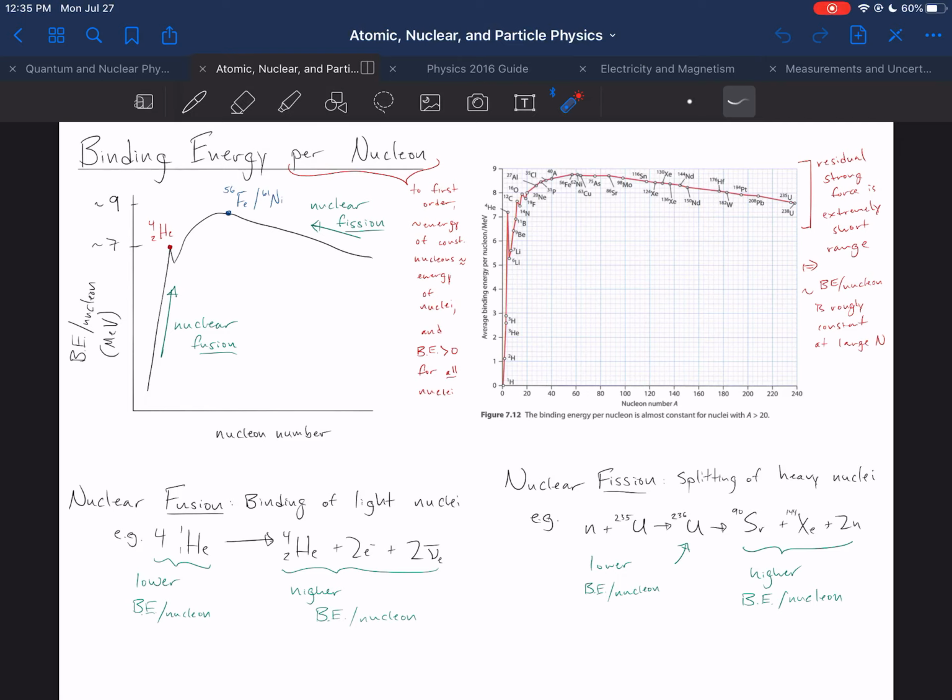Now, every single one of these elements along the whole curve, shown in more detail on the right here, is in fact greater than 0. And what that means is it takes some amount of energy to pull them apart. It is still always true that the arrangement of nucleons where they are bound together in the nucleus gives them a smaller mass than the arrangement of those same nucleons spread apart.